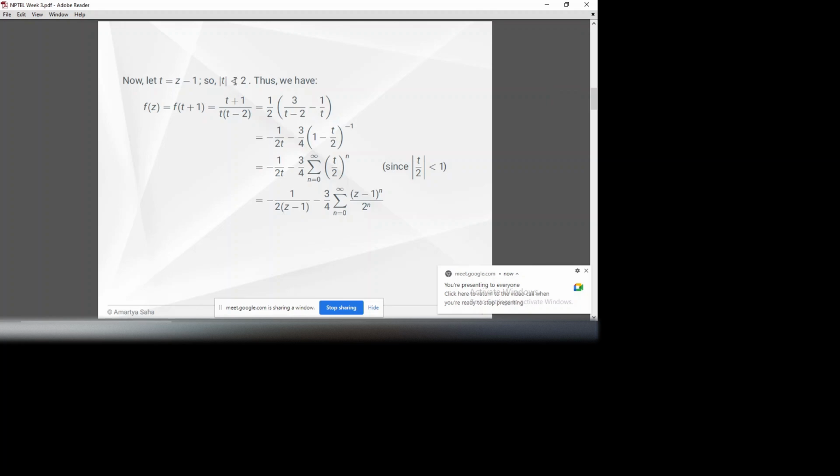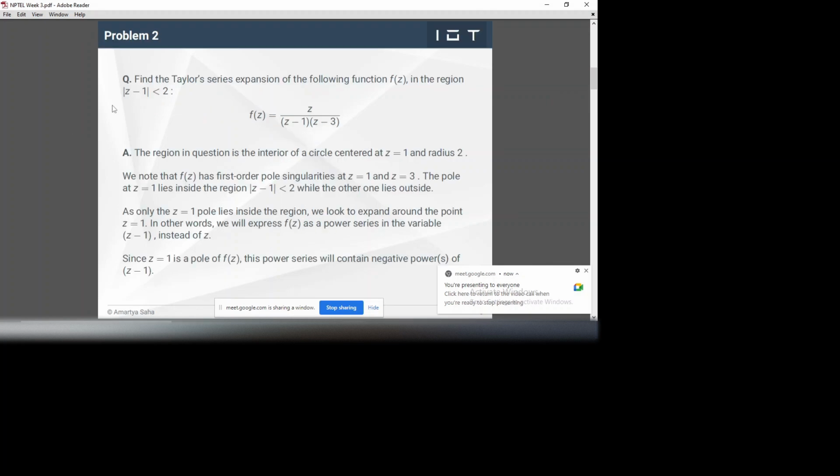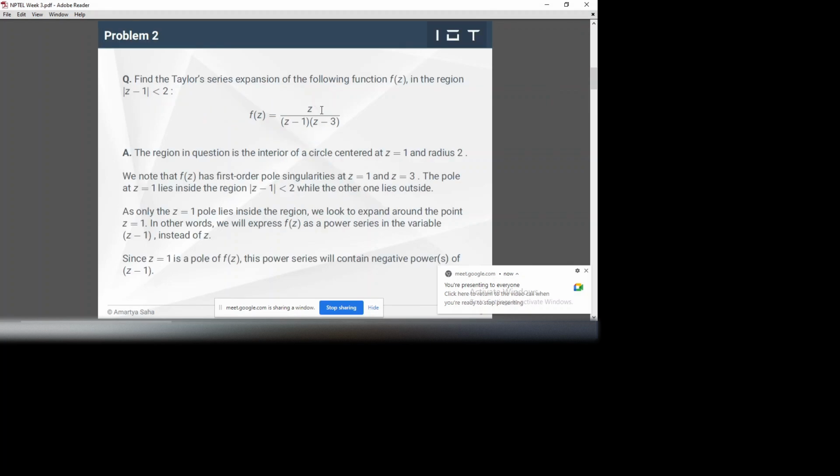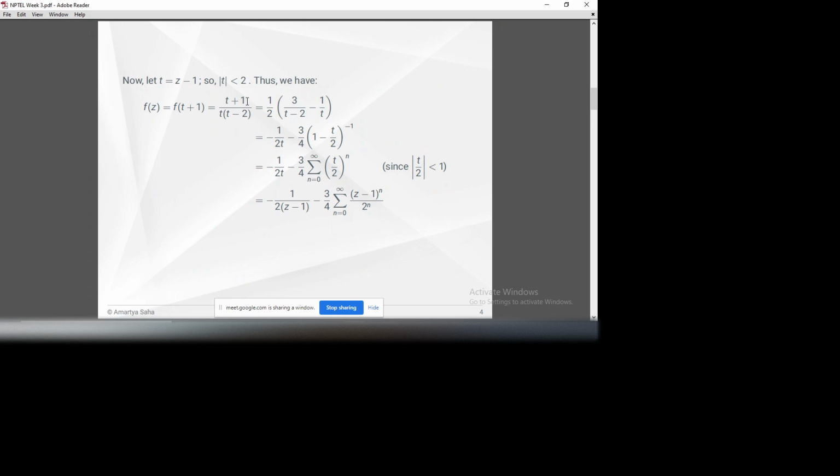So mod t less than 2, because the region was mod z minus 1 less than 2. Now f of z is given by z divided by (z minus 1)(z minus 3). We put t here: z was t plus 1, z minus 1 is t, and z minus 3 is t minus 2.